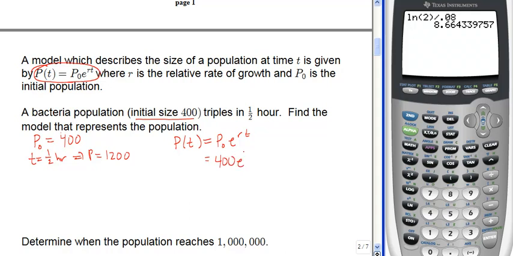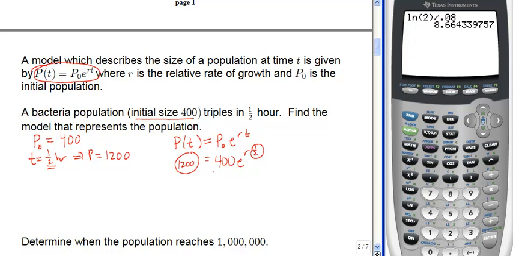I don't know what my R is, that's what we're trying to solve for, but I do know a T right here and a P right here that go together. So we're going to substitute in 1/2 for the time and 1,200 for the population. And now this creates a one variable equation that we can hopefully solve for R.